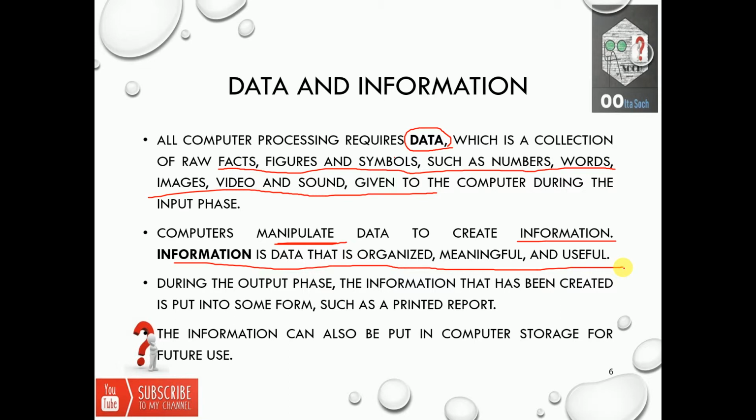Then during the output phase, the information that has been created is put into some form, such as a printed report. So once you get all this information, you need to print it out, you need to output it. And further, for future purposes, you can save it, you can store it in the computer.